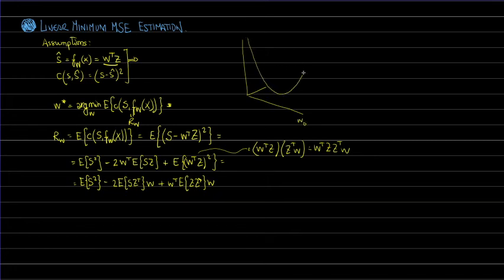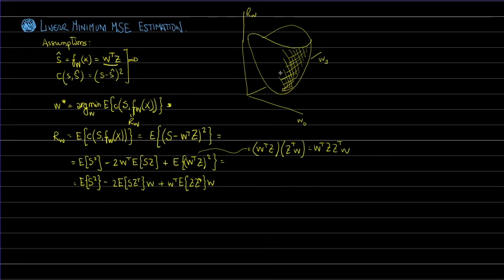This is like a paraboloid in 2 dimensions. If this is W0, W1, and this is R(W), the risk is like a paraboloid, a polynomial with degree 2.